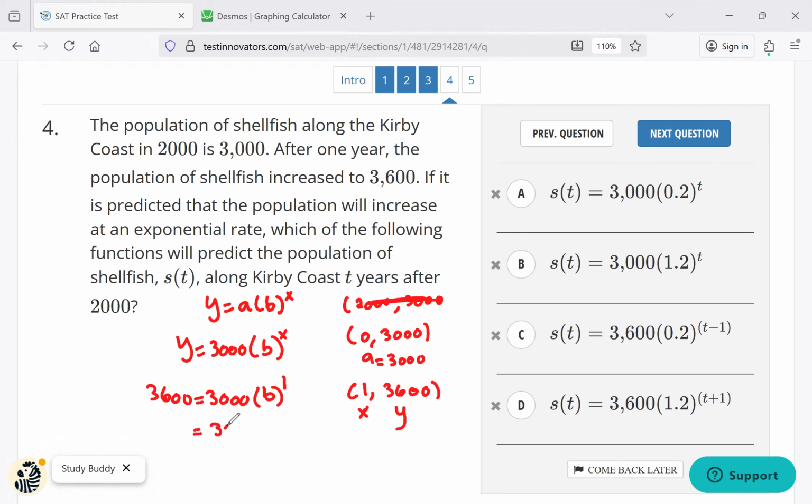So that's going to be 3,000 times b equals 3,600. Solve for b by dividing both sides by 3,000. Because you can use Desmos, b is going to be 3,600 divided by 3,000, which is 1.2. So my a is 3,000, my b is 1.2, so my answer is B.